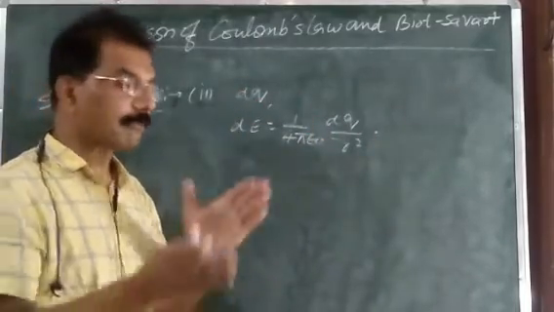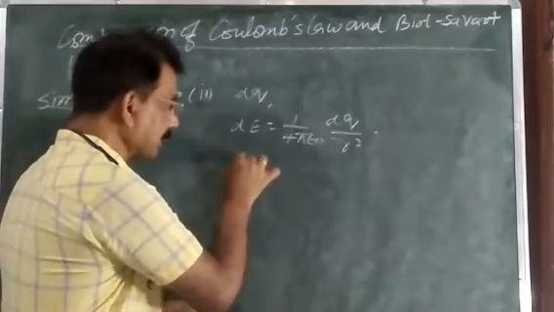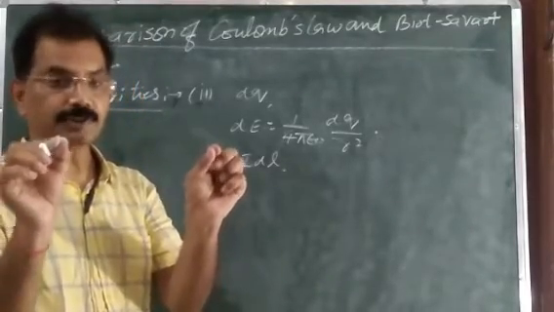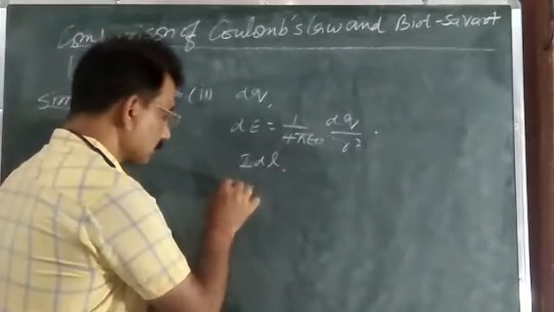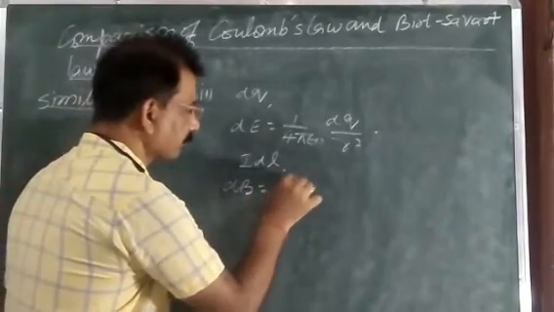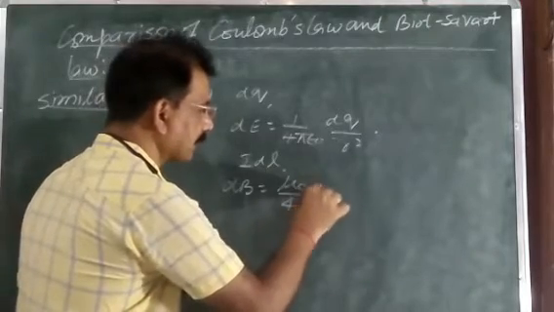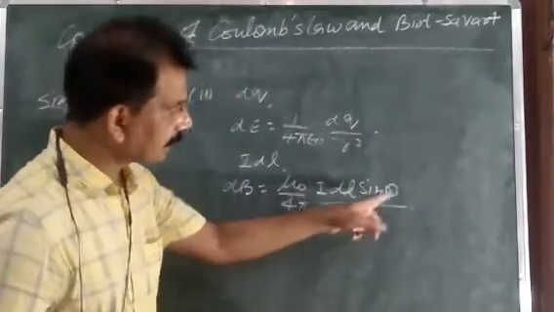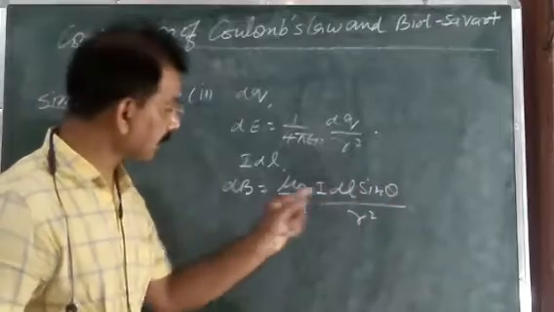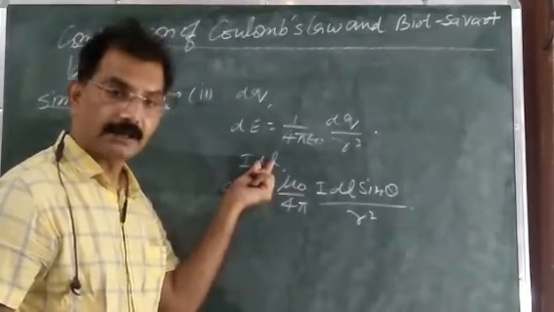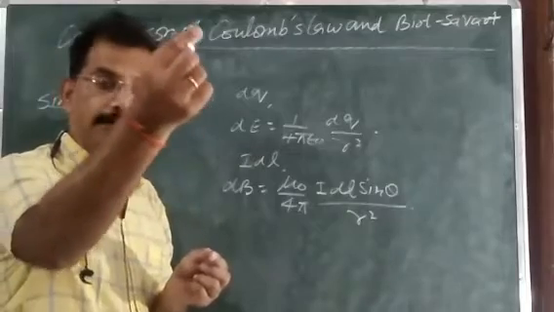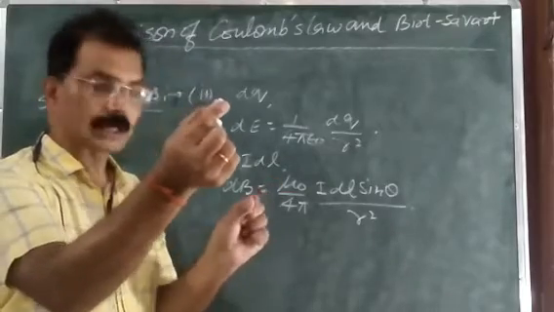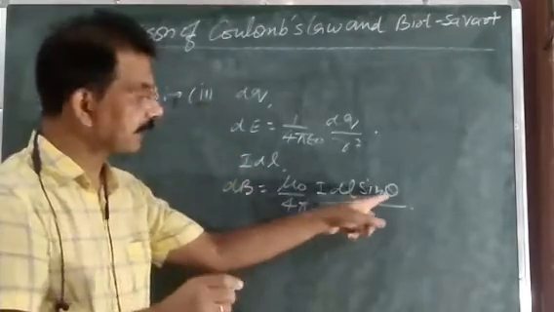While by using the Biot law, due to a current element I dl, the magnetic field at point P, which is at distance r from it, the magnitude of that magnetic field dB is equal to mu naught upon 4 pi I dl sin theta upon r square, where theta is the angle between that current element dl and the line joining that point to the current element. जिस पॉइंट पे निकालना है मैग्नेटिक फील्ड, उस पॉइंट को इस करंट एलिमेंट से मिलाने पे जो एंगल बनेगा वो एंगल है ये थीटा.